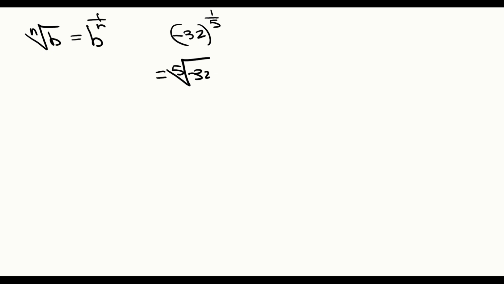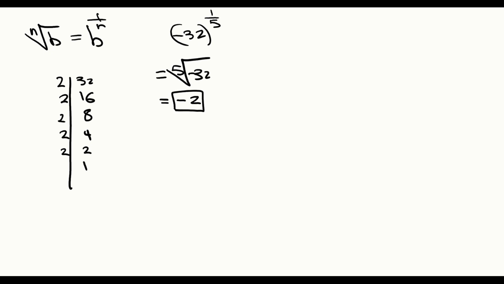And if we look at the prime factorization of 32, we know that 2 goes into it 16 times, 2 goes into it again 8 times, 2 again. And remember, when you do a prime factorization in this manner, on this side, you only want to put prime numbers. So 2 goes into it again 4 times, 2 again twice, and 2 1. This process of prime factorization comes to an end once you reach the 1, because we know that we are finished at that point. So we know that 32 is 2 to the power of 5, but since we have the negative, we know that this is going to end up being negative 2.